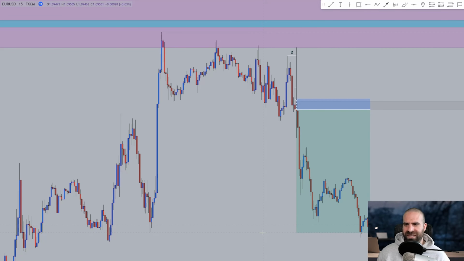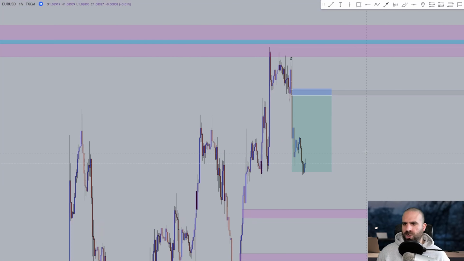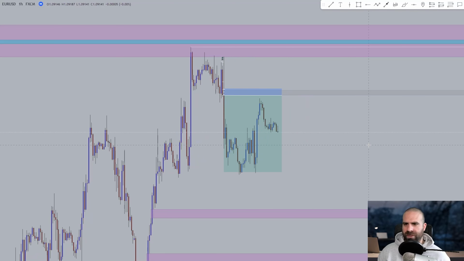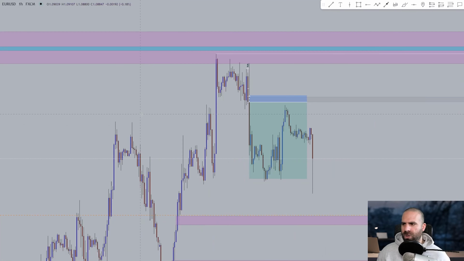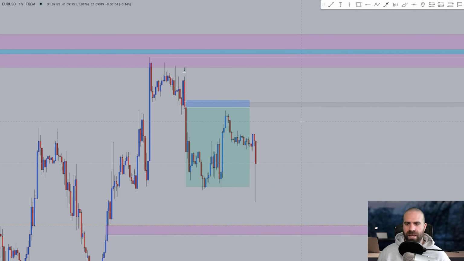Only this movement until here could have made you an 11.6 to 1 reward to risk. Let's just extend this one. Now you would have placed your stop loss to break even though you don't need to do that, and see how long this ran for. And you see we are exactly right here at this specific point in time. Now we are in current price action.